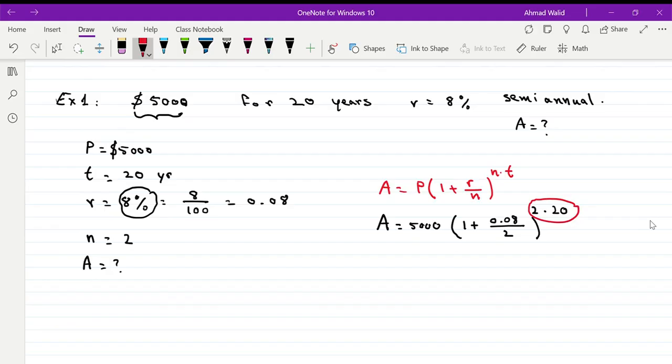Let me go step by step. I don't want to do 2 steps in one. First thing to do, multiply these two numbers. Then you can write A equals 5,000 times (1 plus 0.08 over 2) to the power of 40. 2 times 20 gives you 40.